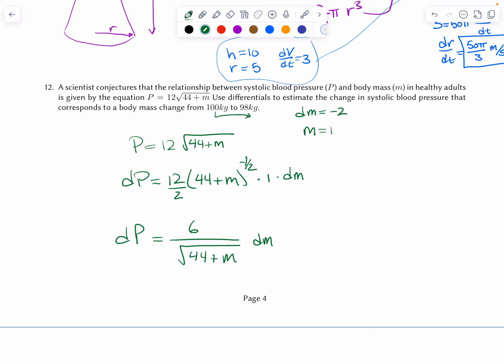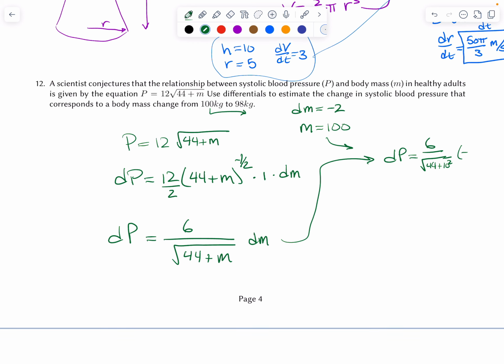Okay, the mass is starting at 100. So I'm going to shove this stuff in there. So dP is 6 over the square root of 44 plus 10 squared times dm, which is -2. Now we have to actually do some arithmetic in our heads.